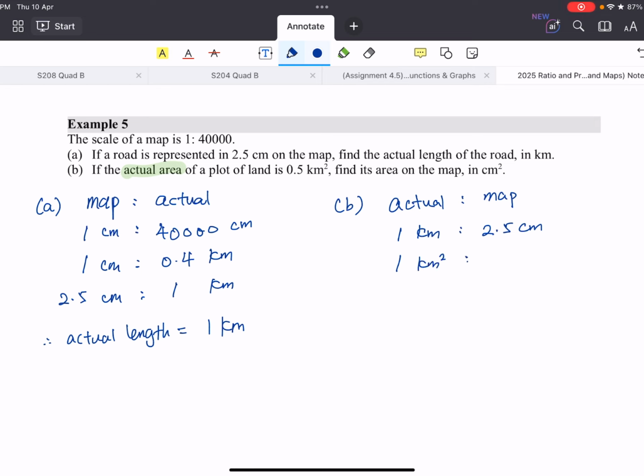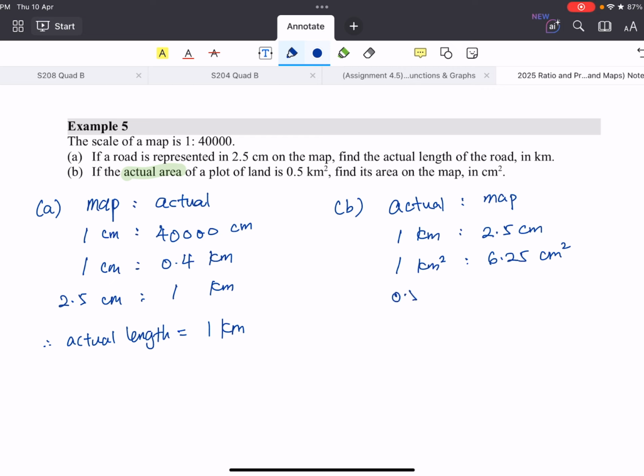So 2.5 squared will give us 6.25 square centimeter. So 0.5 kilometer square will give us, divided by 2, 3.125. There we go. So therefore, area on map equals 3.125 centimeter square, right?